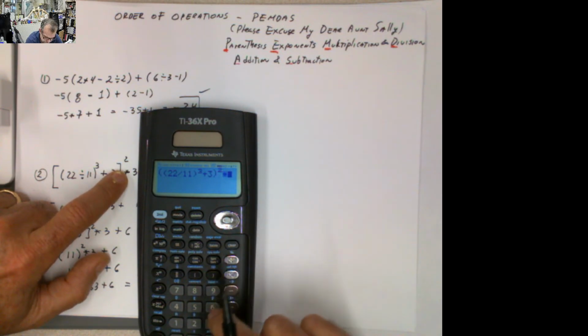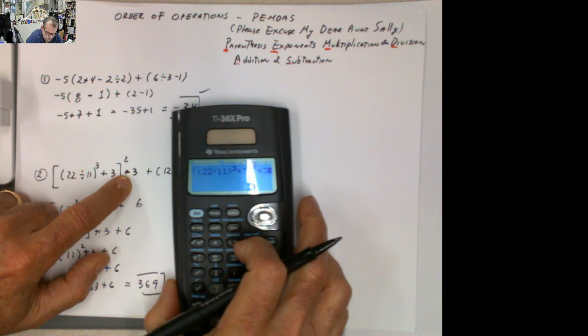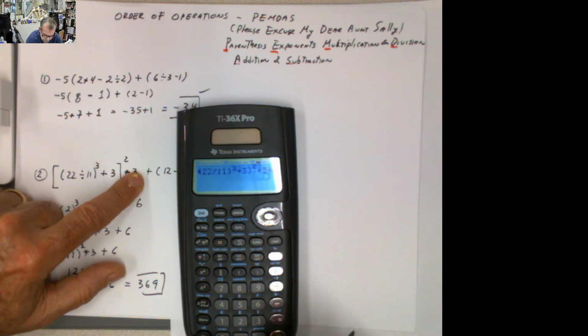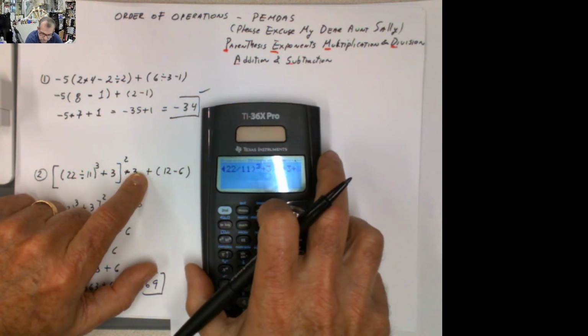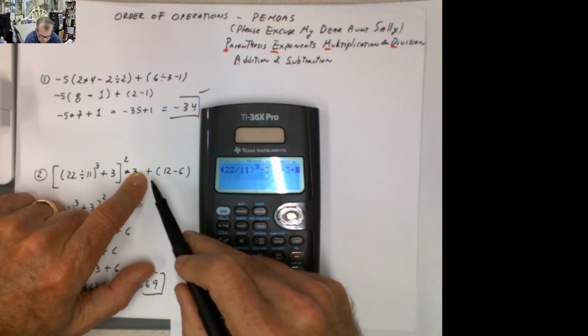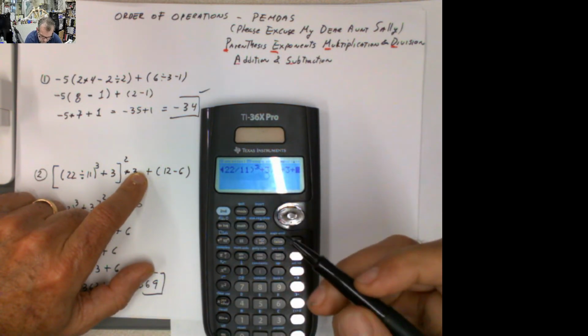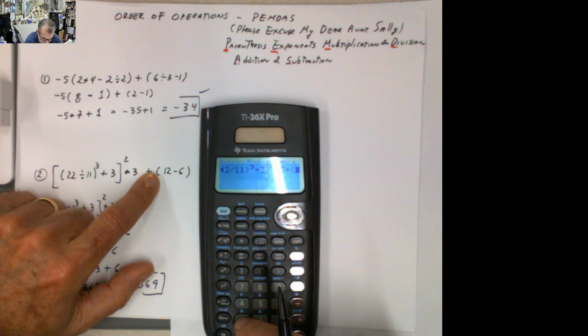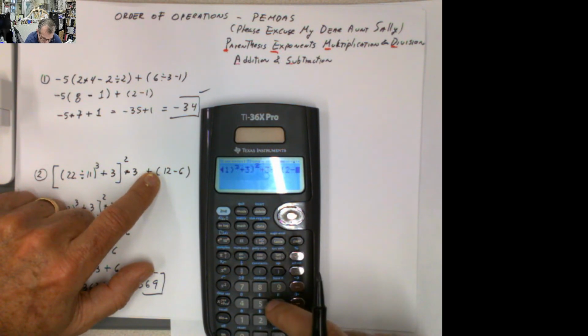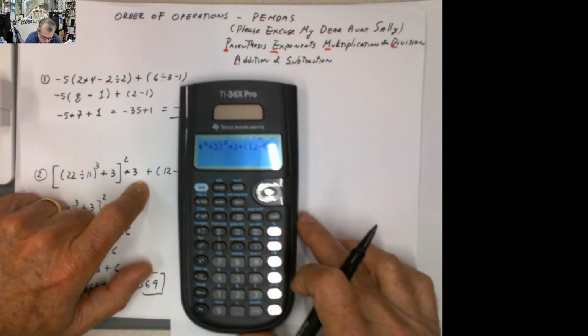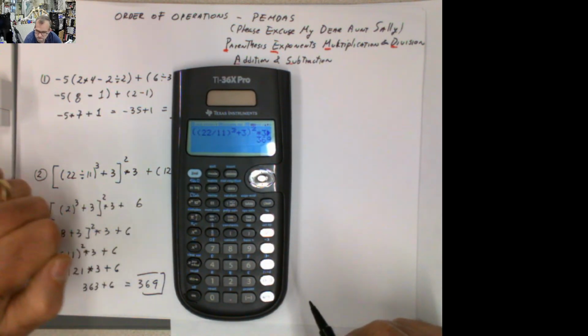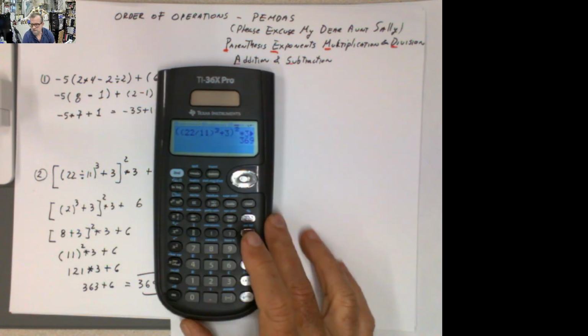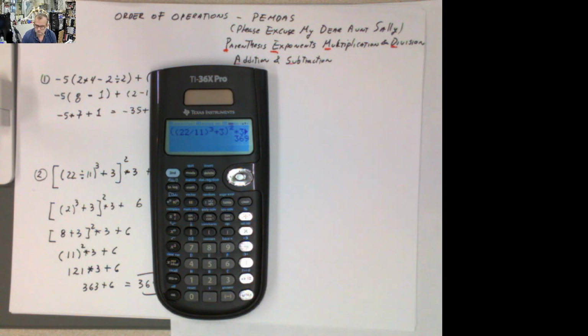Times 3 plus this parenthesis. I don't really have to put it, because this is a plus sign, but put it, just to be sure in case you're messing something up. 12 minus 6, and remember always to close your parentheses. And that's 369, which is the same number that we got when we did it by hand.